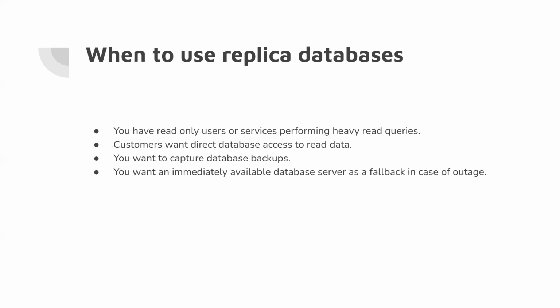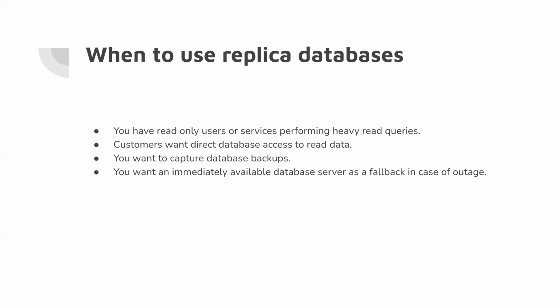So when to use replica databases. A common use case I see is you have either people accessing your app that are performing heavy queries, or secondary services such as BI tools or other reporting tools that are directly connecting to your database, constructing complex queries and running them very frequently.